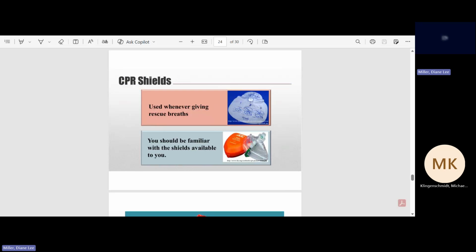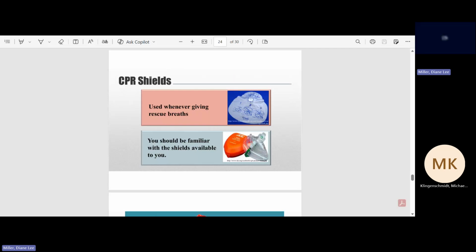For CPR, they give you two options for when you're providing rescue breaths to someone. The top option, the face shield, I would not recommend. It will not protect against most of the bodily fluids that are released during a cardiac arrest, and so they really are not sufficient.